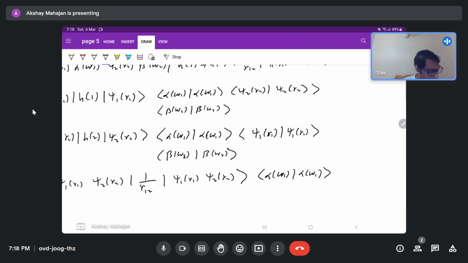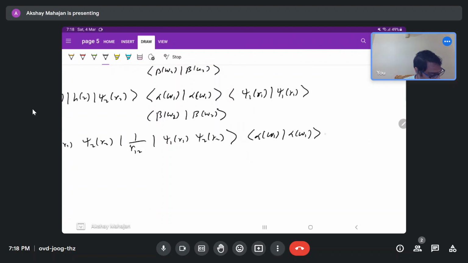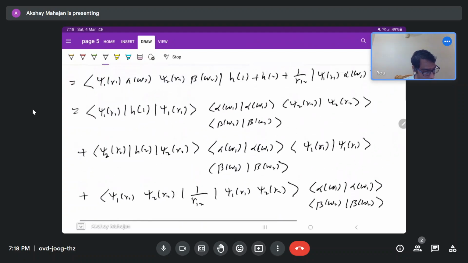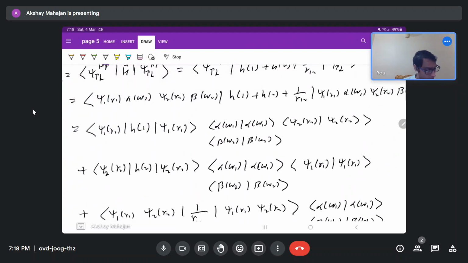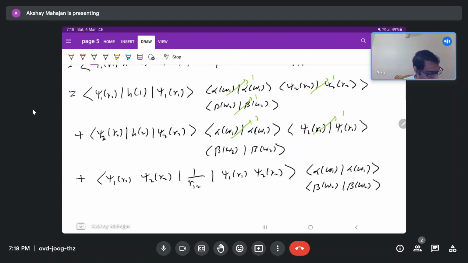We have alpha(omega1) and we have beta(omega2). Now you can see that these spin integrals will each be 1, and similarly for the others.